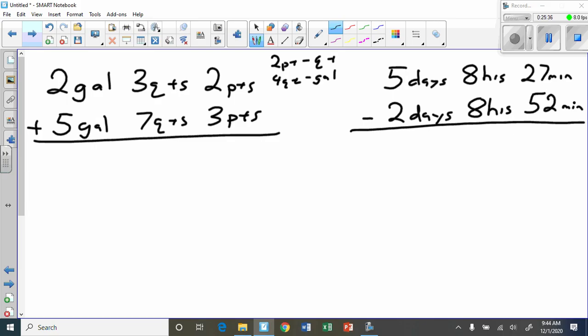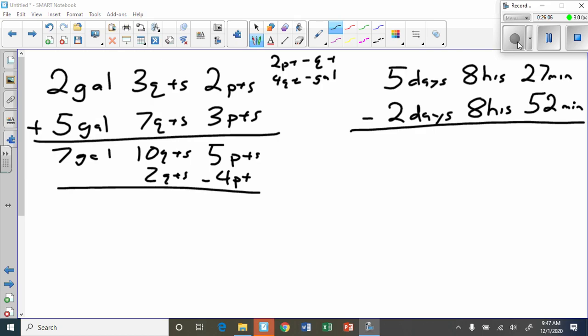There's your subtraction problem. 5 days, 8 hours, 27 minutes minus 2 days, 8 hours, 52 minutes. All right. Adding, first thing I'm going to do is just add. 5 pints, 10 quarts, 7 gallons. Now over here, pints. If I'm going to take away 4 pints, how many quarts is that equal to? 2.